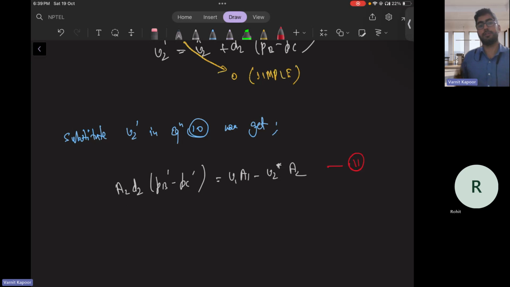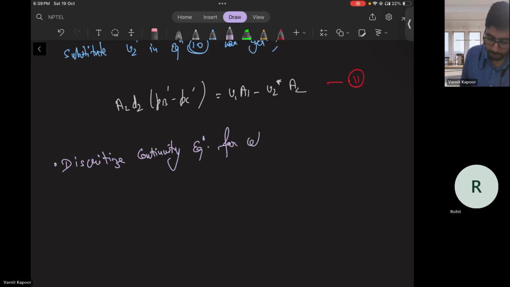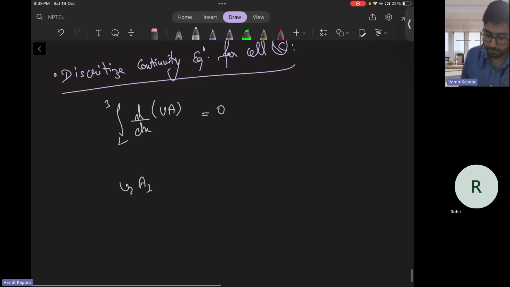So we write the continuity equation for cell C because we have now written it for cell B. Similarly, if you discretize the continuity equation for cell C, that will be U3 A3 minus U2 A2 equal to 0.